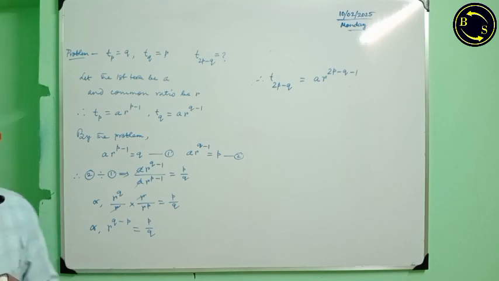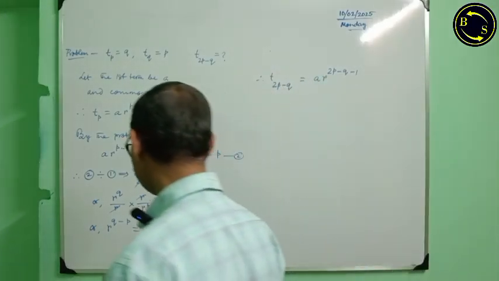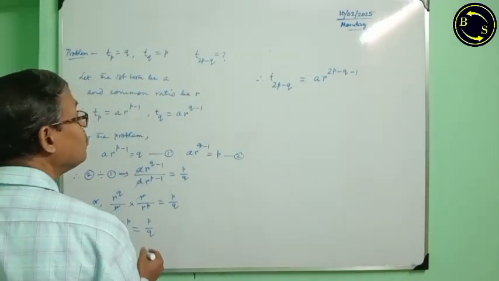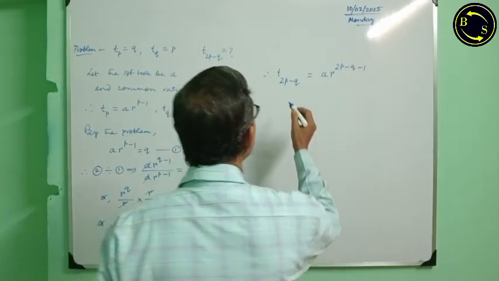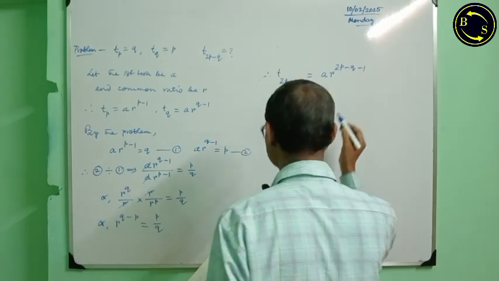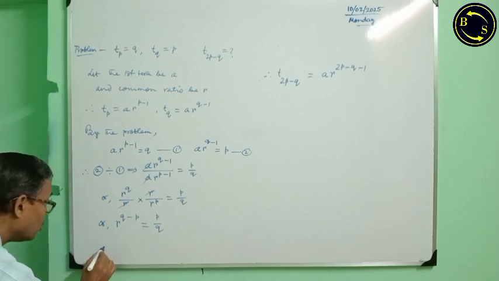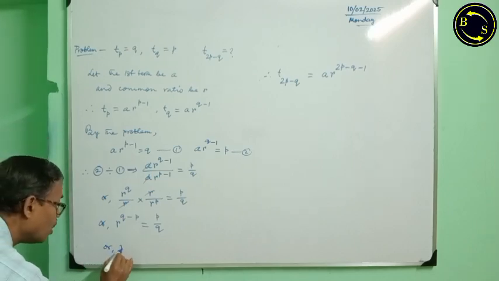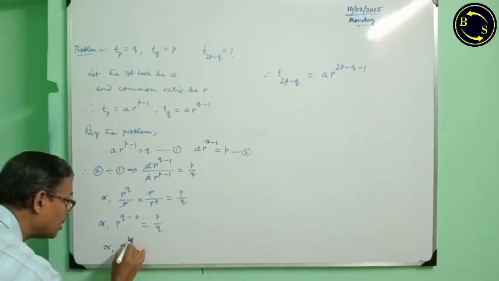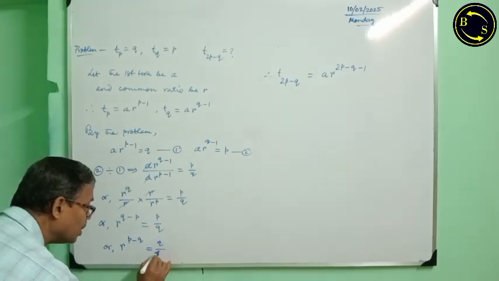Now, R to the power Q minus P is equal to P by Q, so R to the power P minus Q will be equal to Q by P.